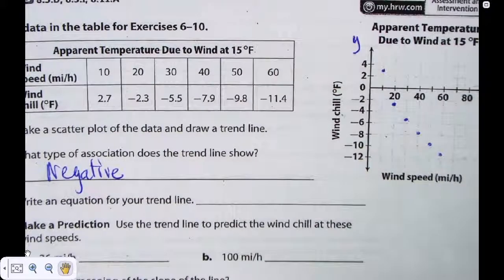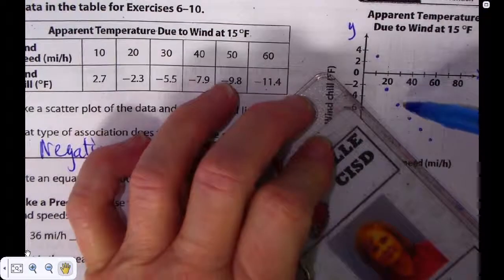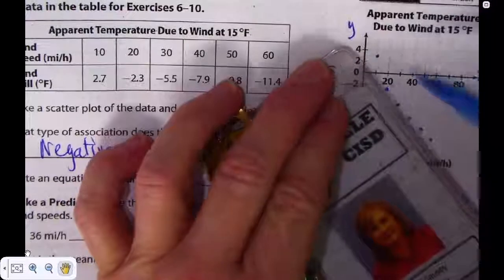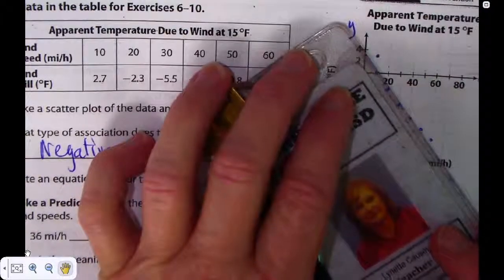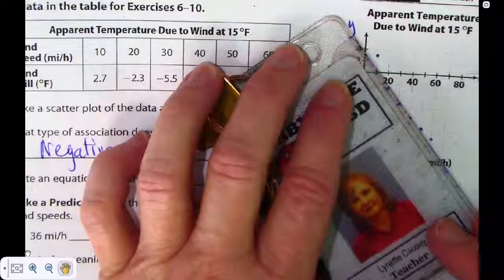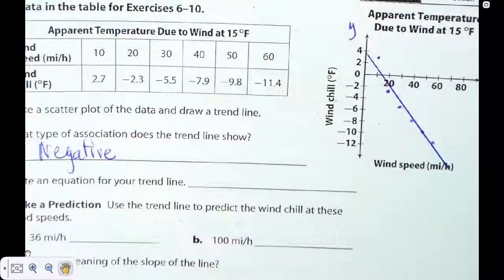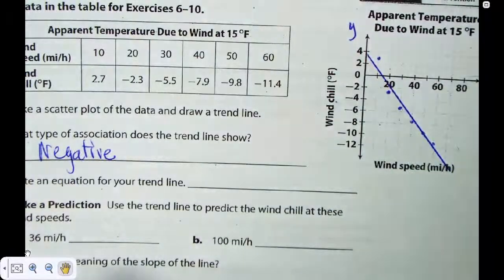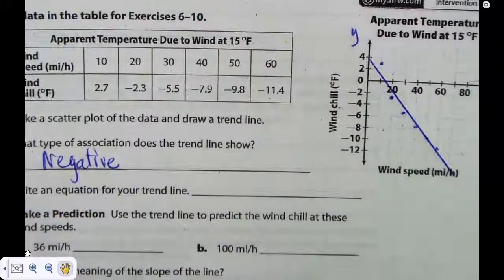Okay, so now we need to write an equation, oh, we didn't draw the trend line. Mine look like they're straight in a row, except for that one. So I'm going to attempt it.